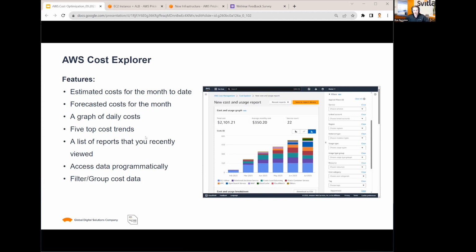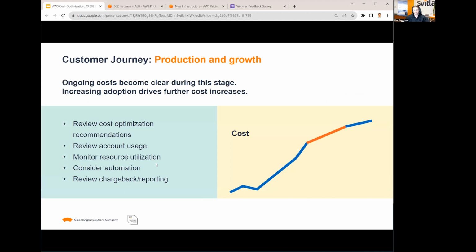Cost Explorer is quite a powerful tool. It provides a lot of resource filters where you may select resources based on different filters and take a look at them, and it provides an API where this data could be accessed programmatically.